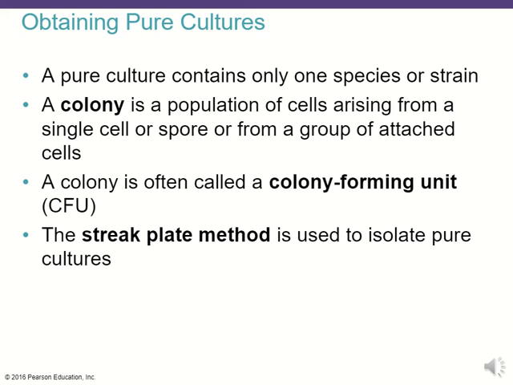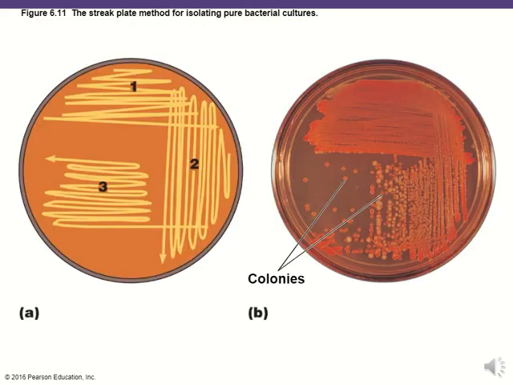And the streak plate method is used to isolate pure cultures. For example, bacteria or microbes are added in a streaking fashion to eventually see where pure colonies are forming as individual spots.